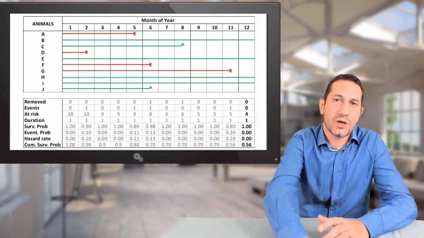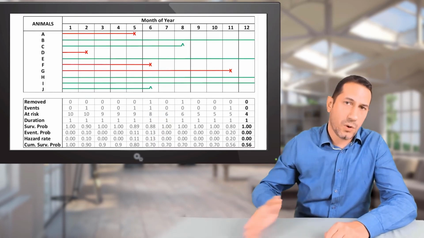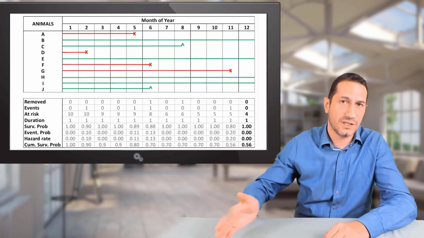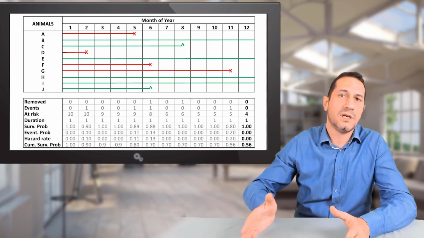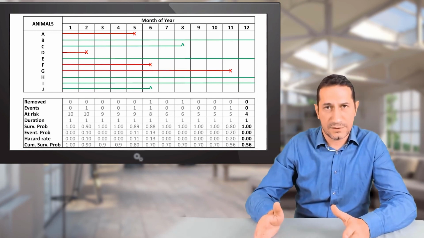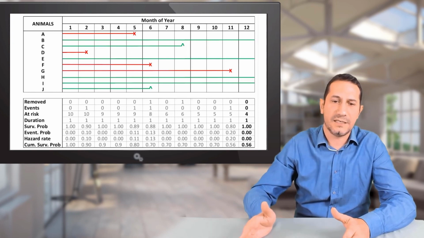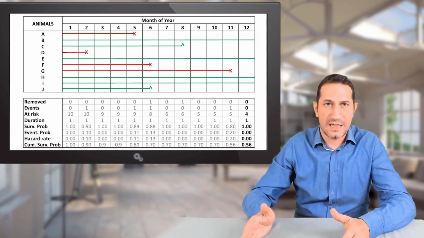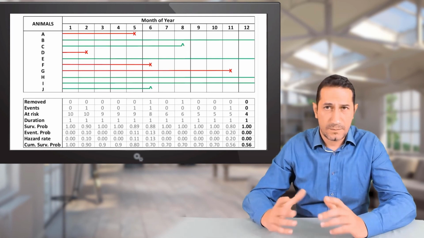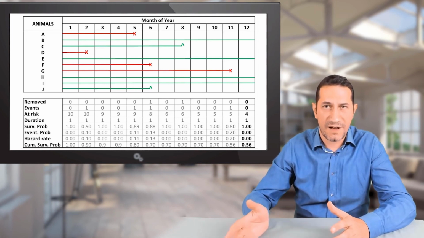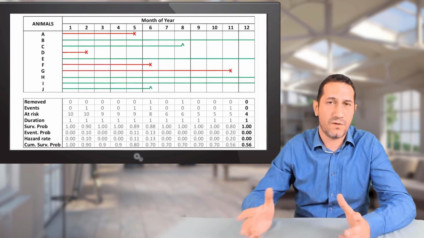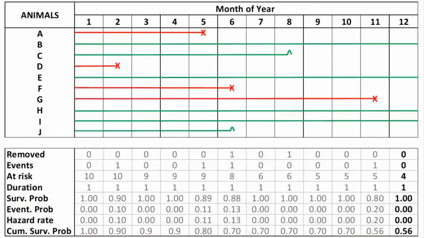And so on, we continue following up the whole herd of cows in the infected meadows with anthrax spores, and we go till the end of the study. And we see that at the end of the study, the whole cumulative survival probability of the herd has dropped down from 100% in the first month to 56% in the last month.